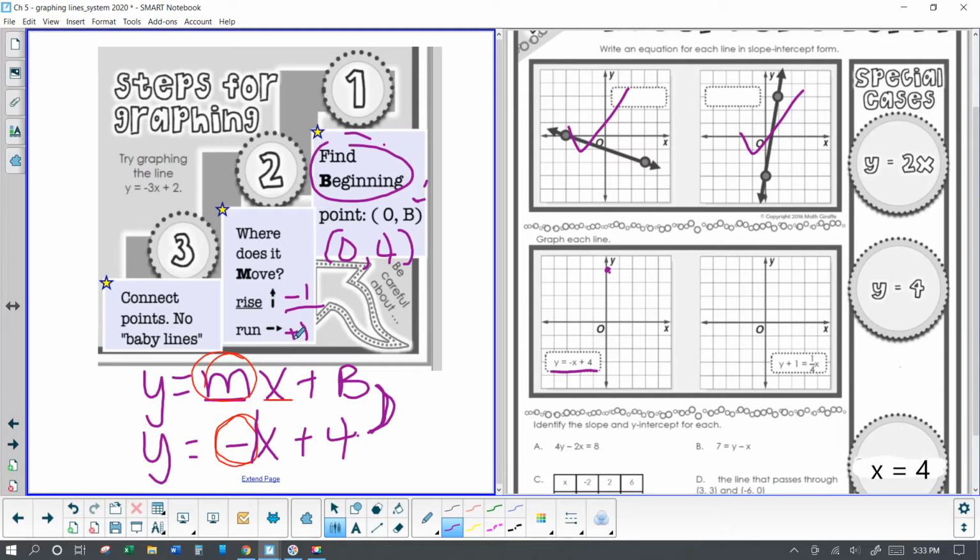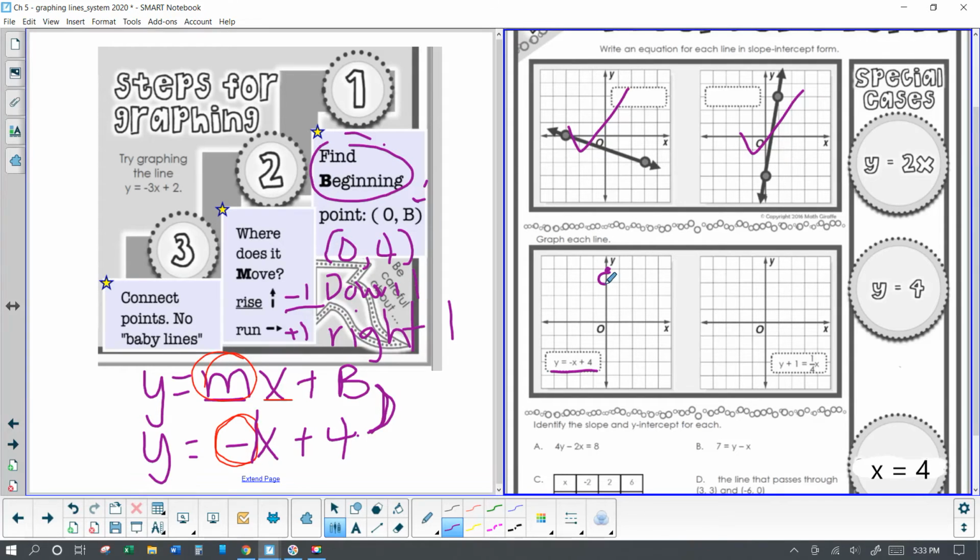So the next move that I'm going to make from here is I'm going to go down 1 box, and then I'm going to go to the right in the positive direction 1 box. So I'm going to go down 1, and then I'm going to go over 1, and I'm going to put another point right where I ended up.